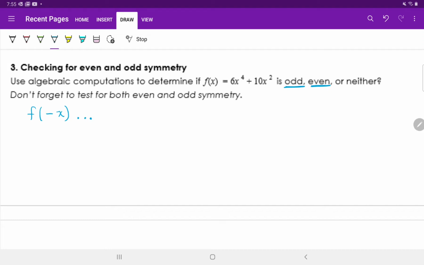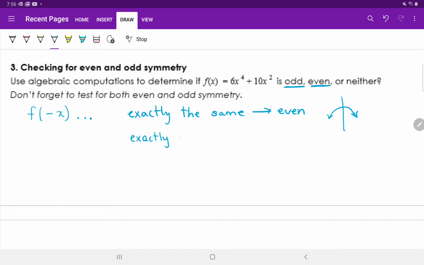So what did you end up with when you plugged in negative x versus what you started with? If they are exactly the same, the starting point and the ending point, that means we're dealing with an even function, which is symmetrical over the y-axis.